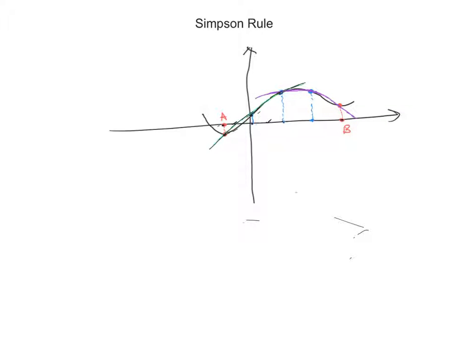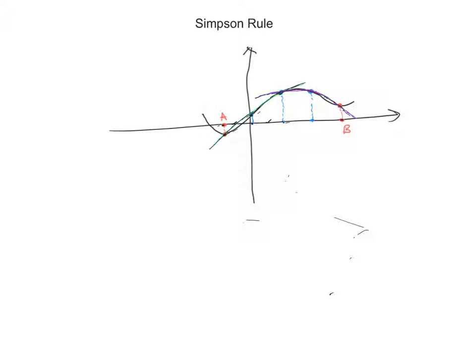Then we go to the next 2 subdivisions, and we get 3 more consecutive points, and so we generate another parabola that passes through these 3 points. For example, the one that is originally shown in the purple is the other parabola.